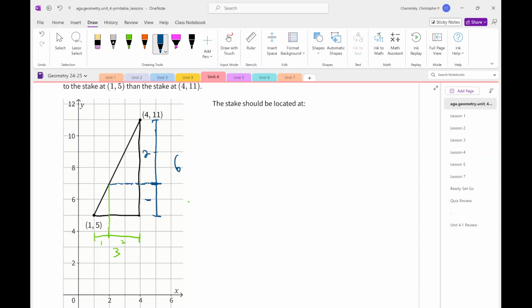Now we can see we're 1 unit to the right of 1, so my x-coordinate is going to be 2. And for the y-coordinate, we're 2 units up from 5, so that is going to be 7. And that's our answer.